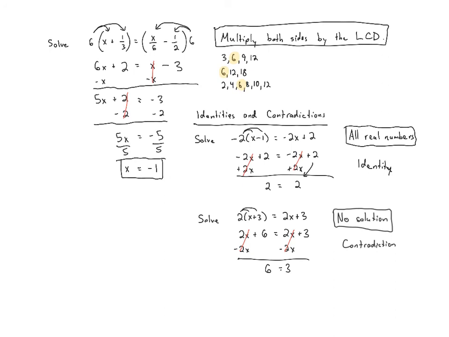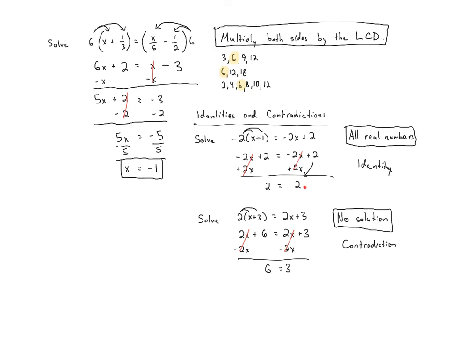You might encounter identity and contradiction when you do your homework in WebAssign or in another math class. I usually say that the answers here are all real numbers and no solution, but I would accept identity or contradiction because that tells me that you understand what's going on.